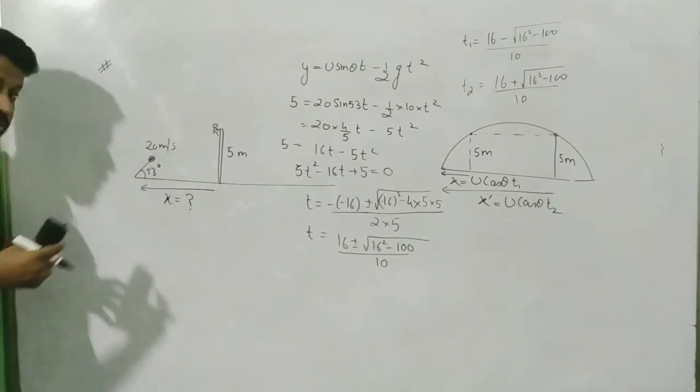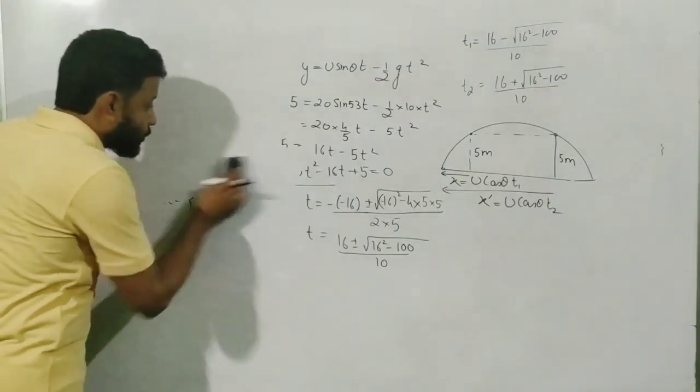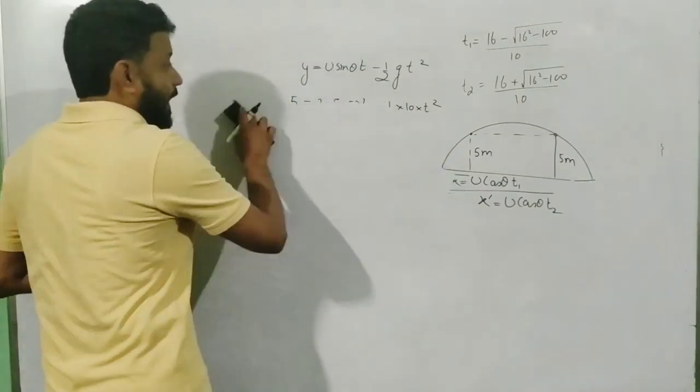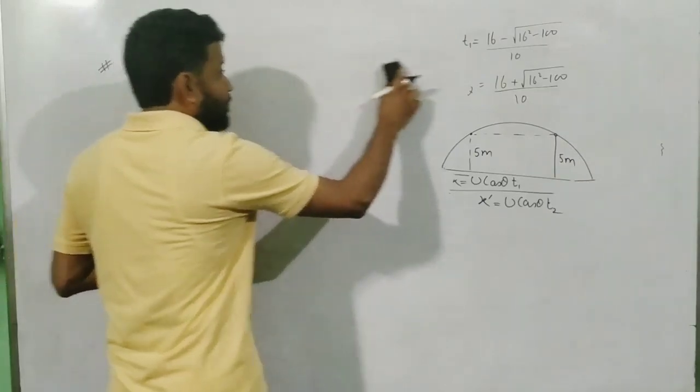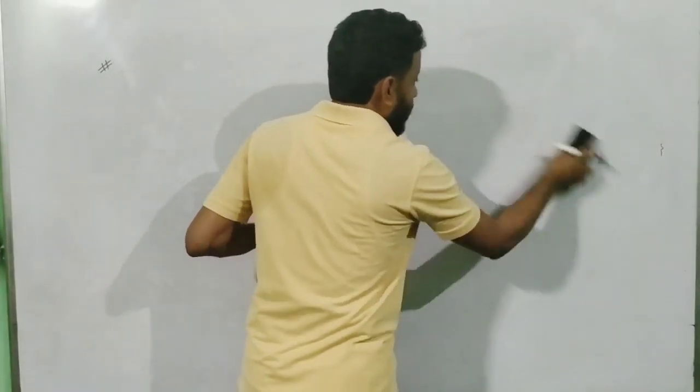Now here there are some more fascinating facts coming up in projectile motion. I am not going to derive the formula for the maximum height attained, the range formula, or the time taken formula.